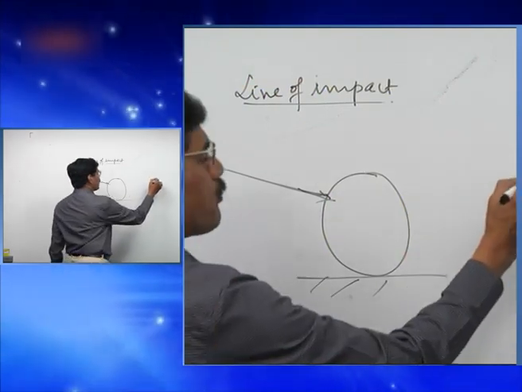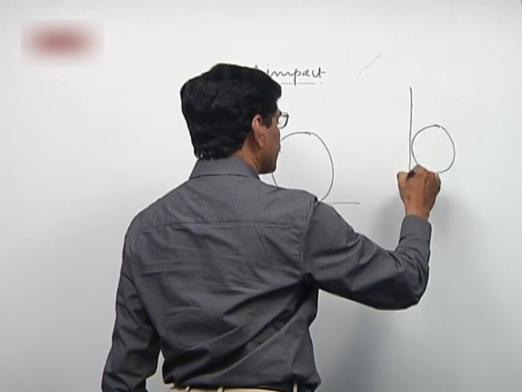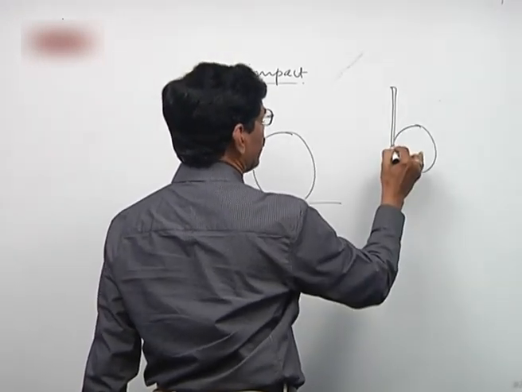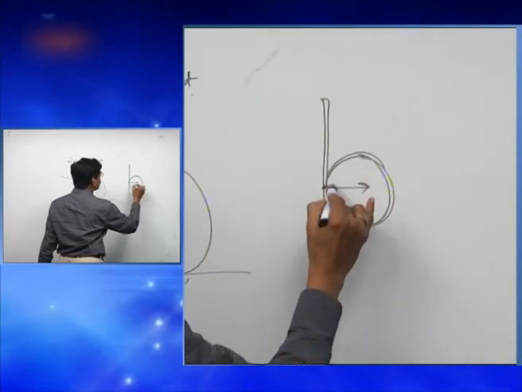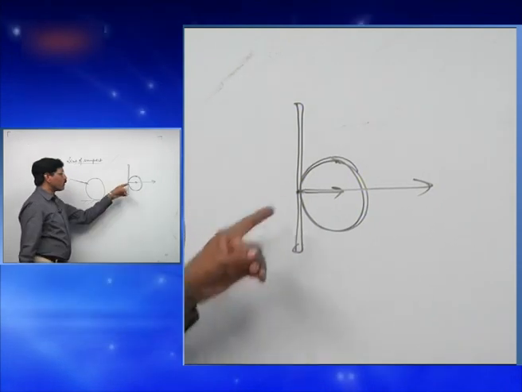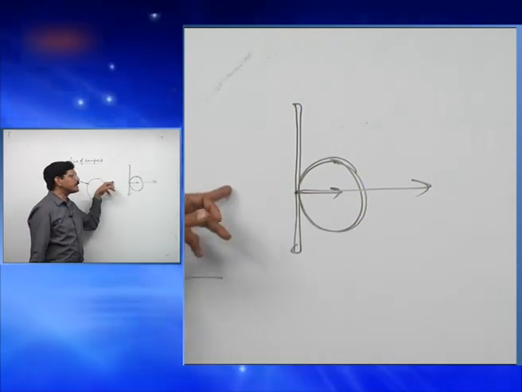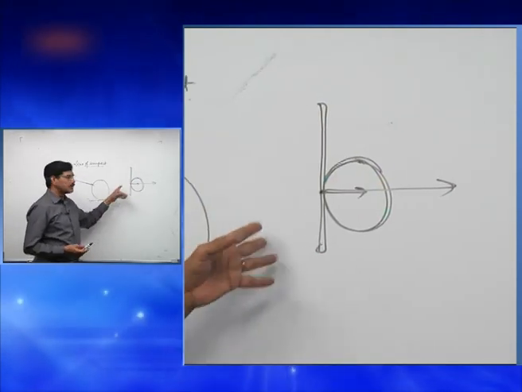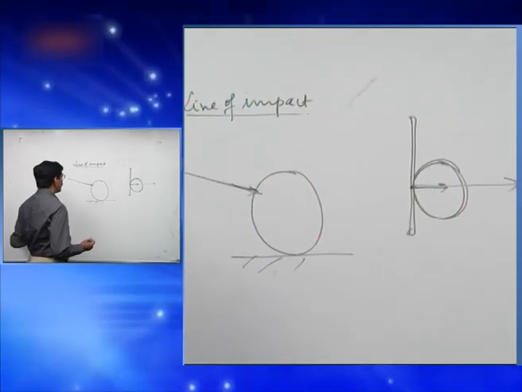Or if a bat is hitting a sphere, this is the direction. When it was at rest, it starts moving in this direction. Therefore, generally when a body is at rest and starts moving under the action of impulsive forces, that direction is usually considered as the line of impact.